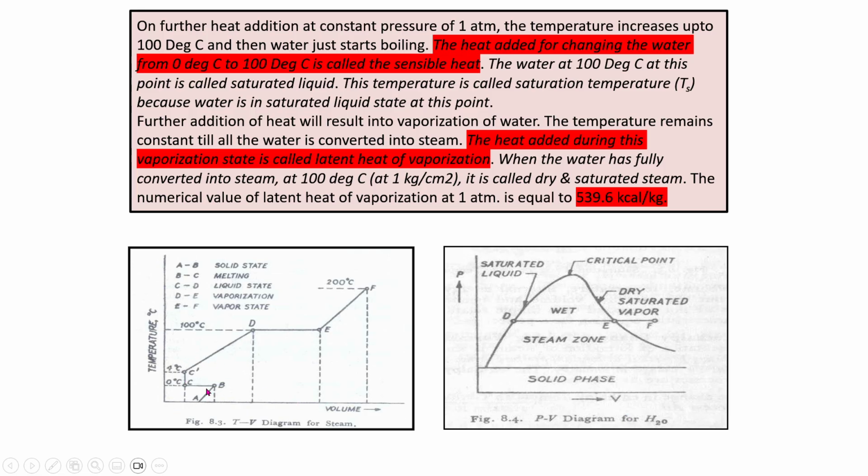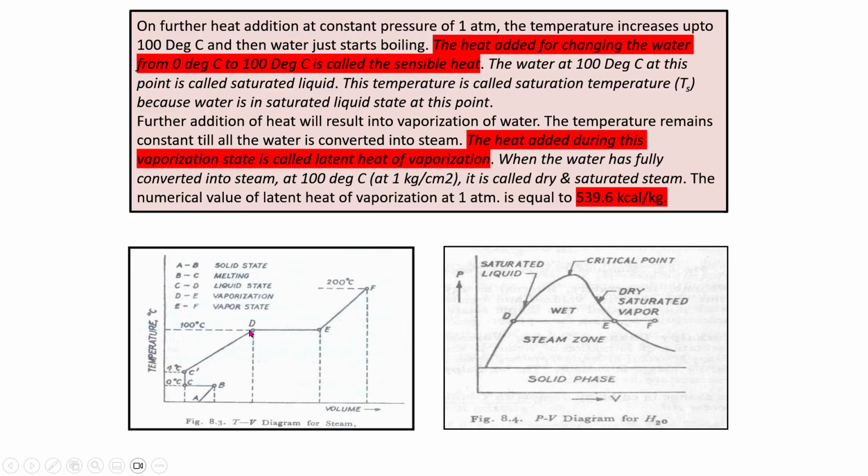Here the temperature and volume diagram is like this. From minus 40, if you go on increasing the temperature, the volume will increase. Then from 0 to 4 degrees centigrade, the volume will remain the same.